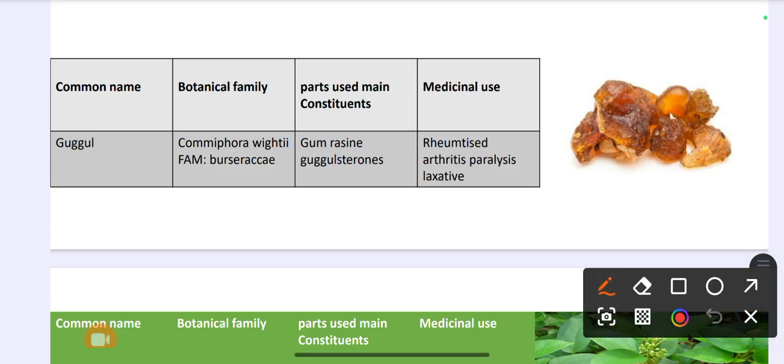Next one, Guggul. What's the botanical family of Guggul? Burseraceae. The other botanical name of Guggul is Commiphora wightii. What parts are used and what are the main constituents? Gum resin and guggulsterones. What are the medicinal uses of Guggul? Rheumatoid arthritis, paralysis and laxative.